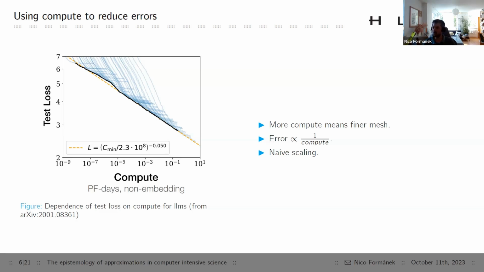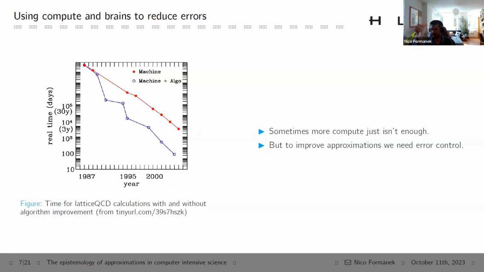We just improve on our computing hardware. Okay. Sometimes this is, of course, not the only thing one can do, and sometimes we actually need some more brain power to arrive at results. For this, I have an example in my next slide.